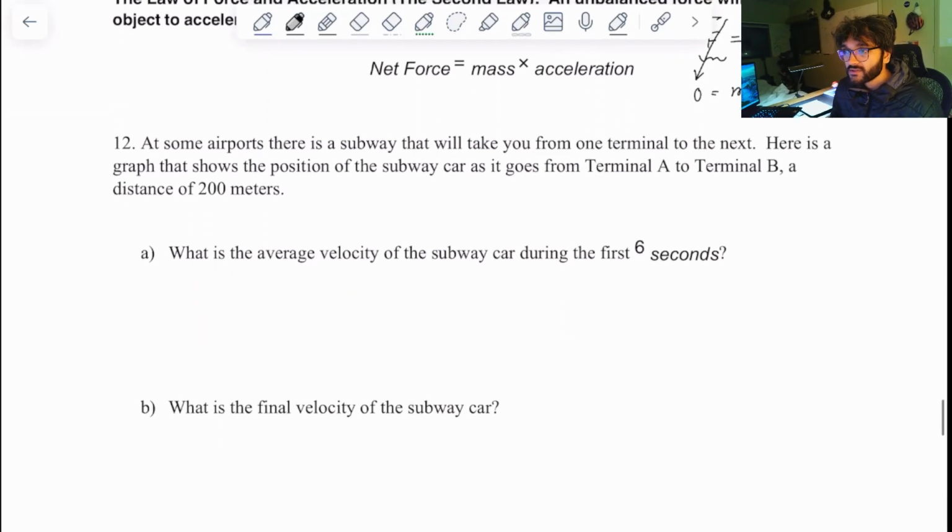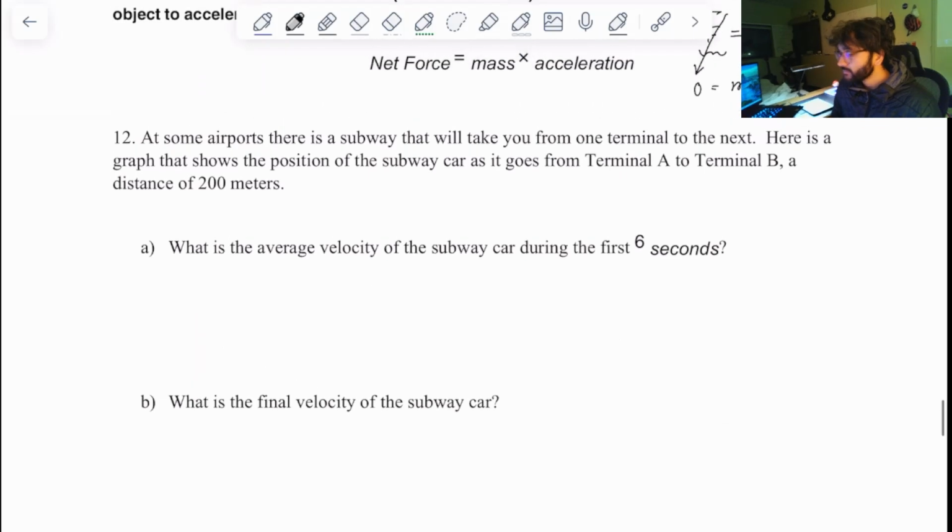So question 12 is, at some airports there is a subway that will take you from one terminal to the next. I know this is in Chicago.